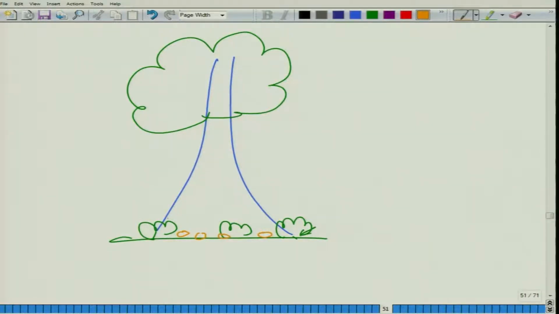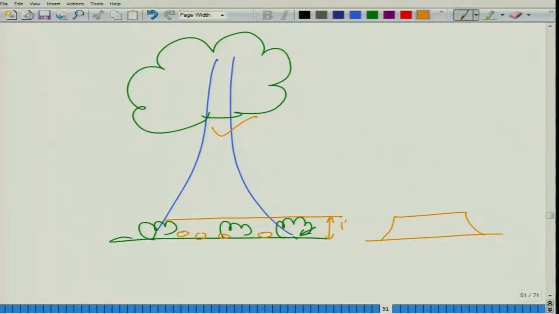So, we cut a tree at a certain height, which is generally 1 foot. Once you have felled this log, you get a stump that looks like this. You have removed the top portion of the tree and you are left with a stump.